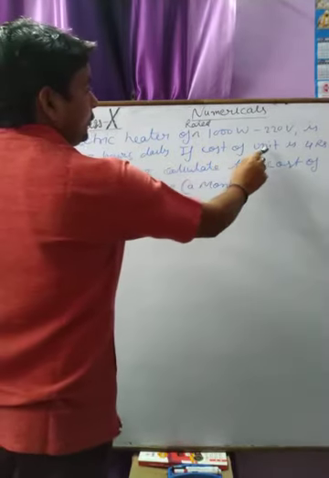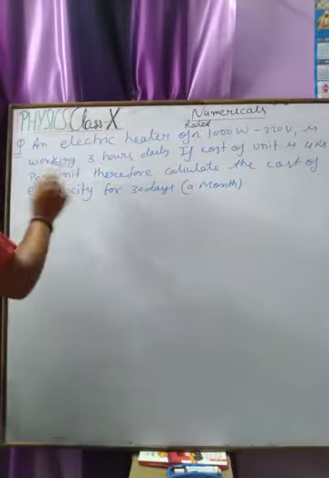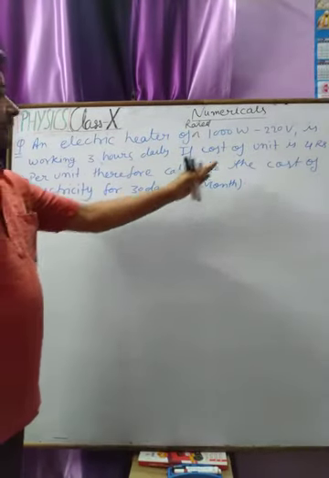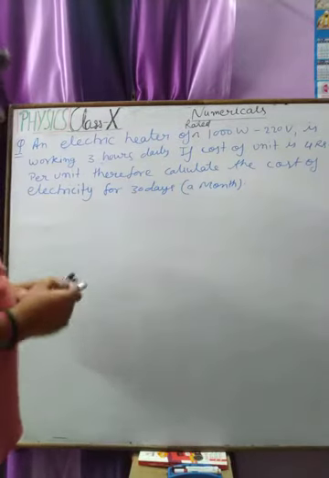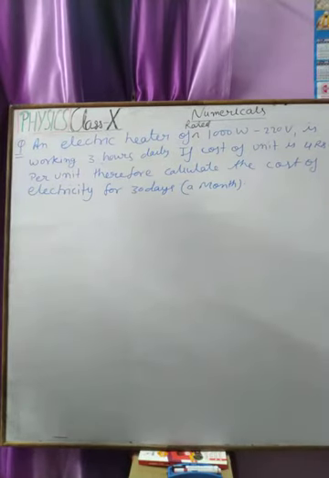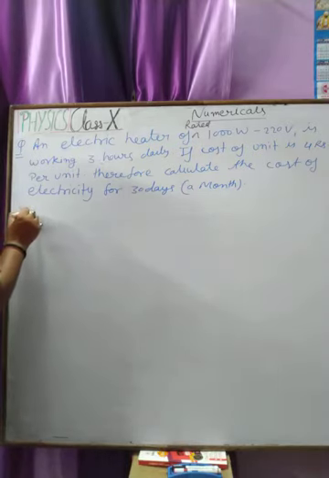If the cost of a unit is 4 rupees per unit, calculate the cost of electricity for 30 days or a month. Okay, now we are going to solve this.